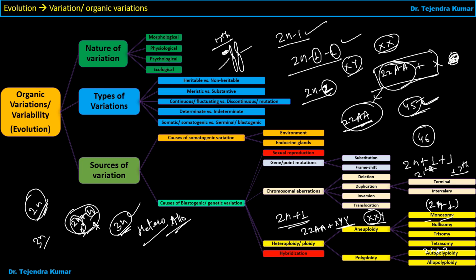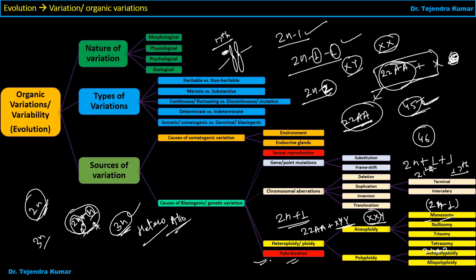The last source of variation is hybridization. There are lots of examples of hybridization which we have seen. From two different species, if we take the characters and mix, take the genes and add them, making an organism, then we can find that different types of characters can be seen in the hybrid.